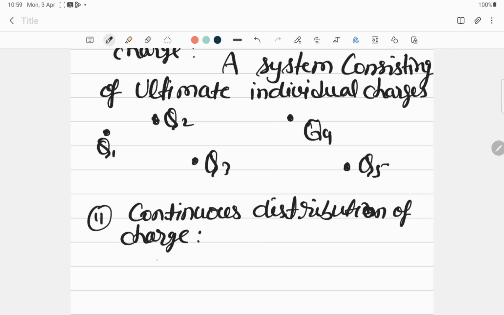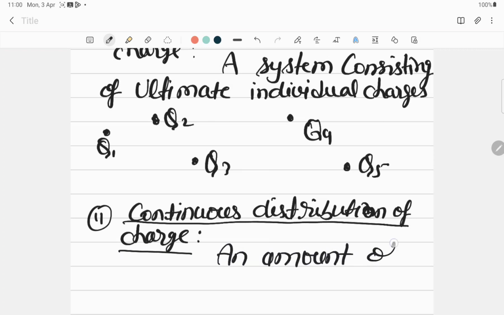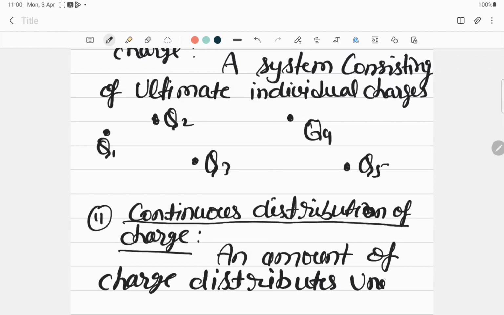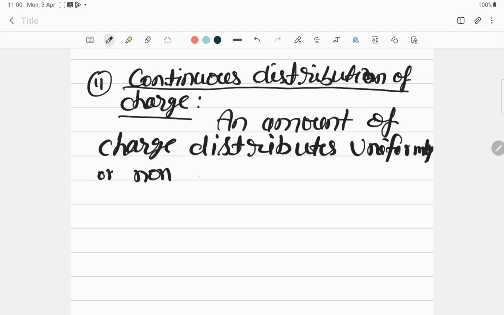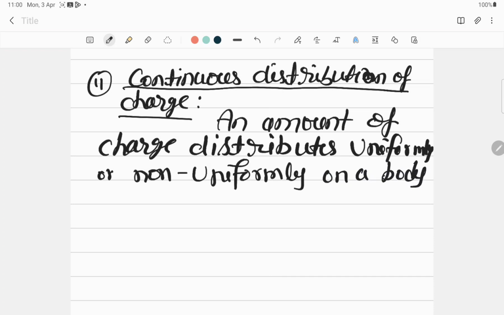So in continuous distribution of charge, an amount of charge distributes uniformly or non-uniformly on a body. It is of the following three types.